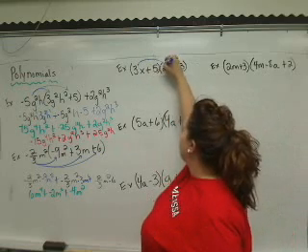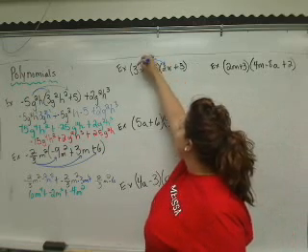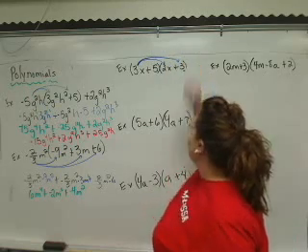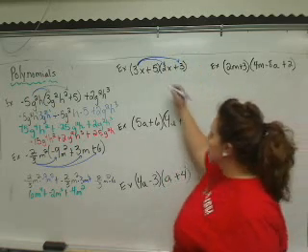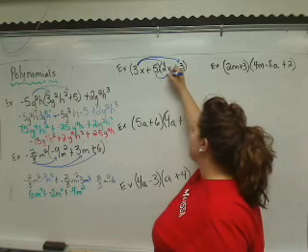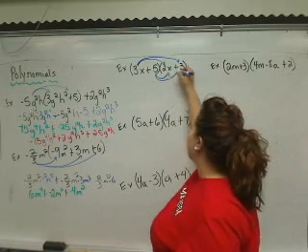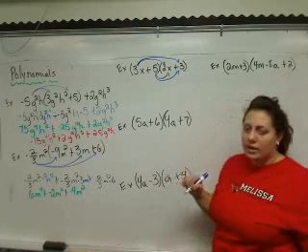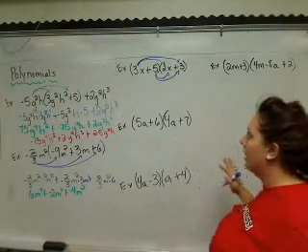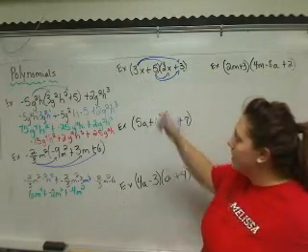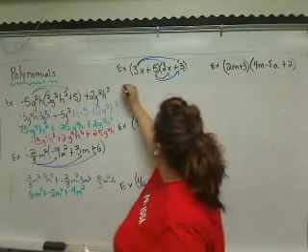3x needs to be multiplied by 2x, and 3x needs to be multiplied by 3. Then 5 needs to also multiply by everything. 5 needs to multiply by 2x, and 5 needs to multiply by 3. So you got lots written out here. I take the first one, 3x.